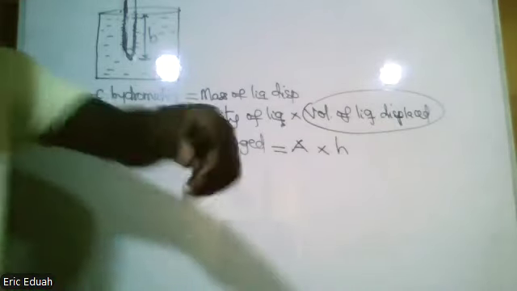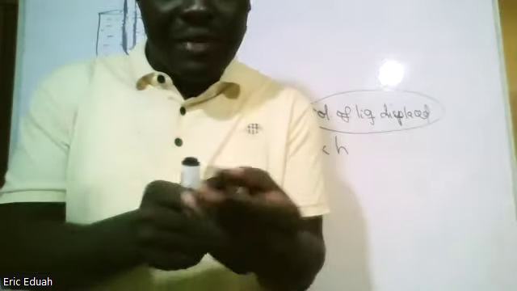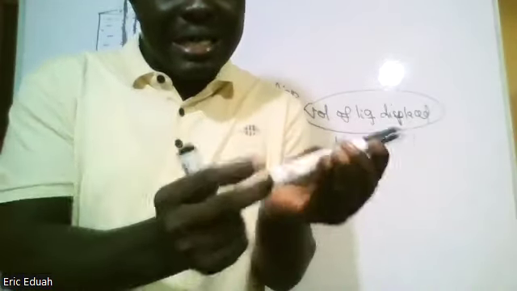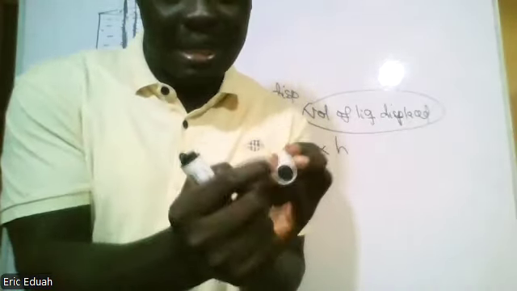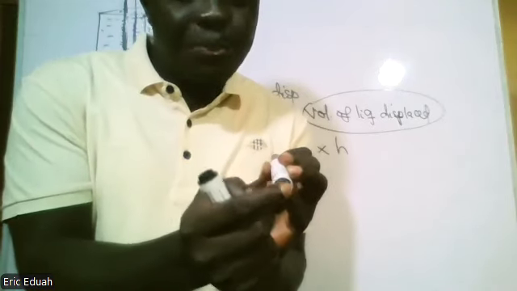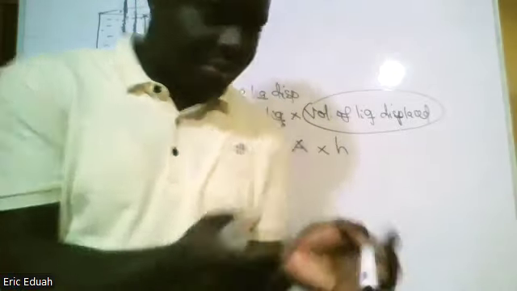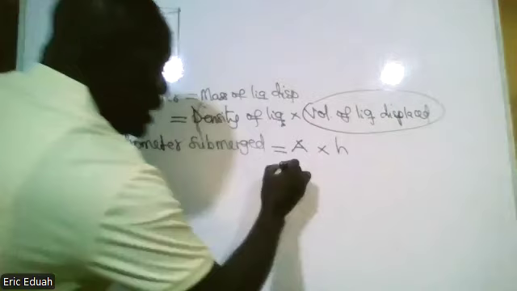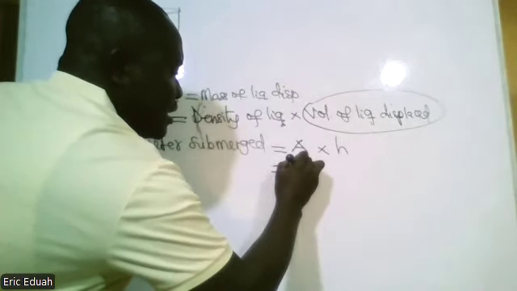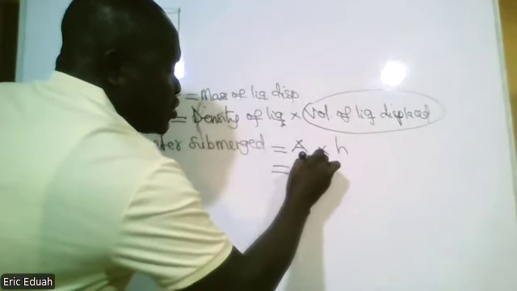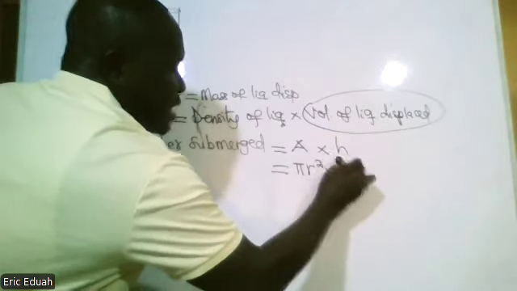Now, because this cross-sectional area of the hydrometer is circular, we can express the cross-sectional area in terms of area of a circle. And the area of a circle is pi r squared times h.